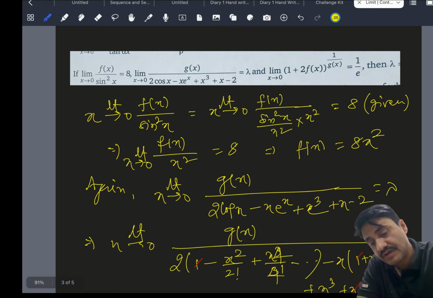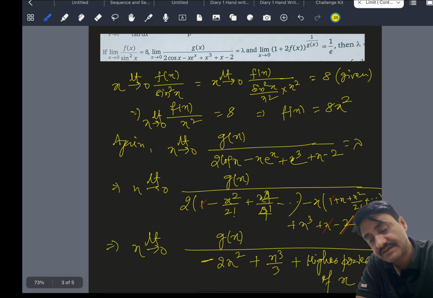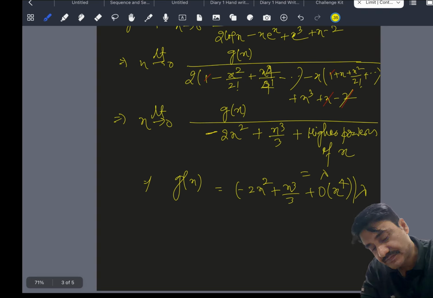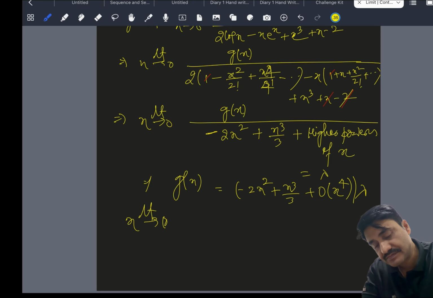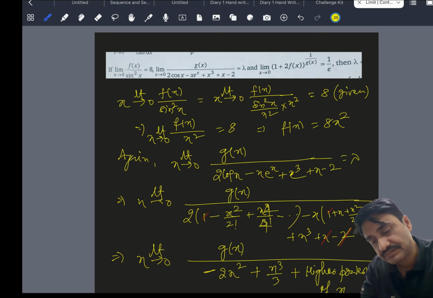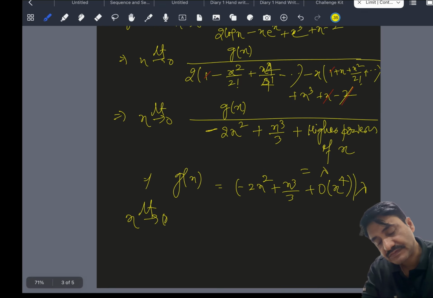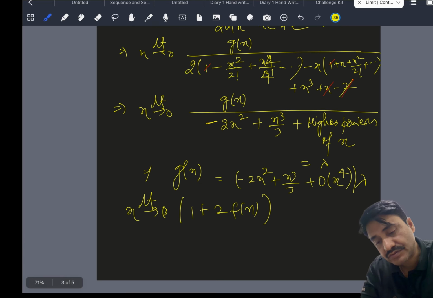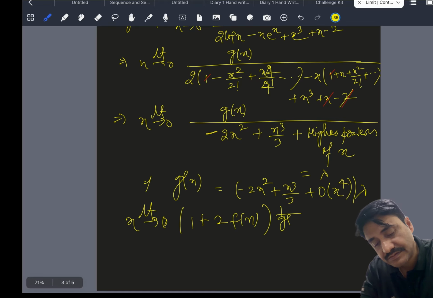So now we have to find x tends to 0 limit 1 plus 2f(x) all raised to 1 by g(x), and that is 1 by e.